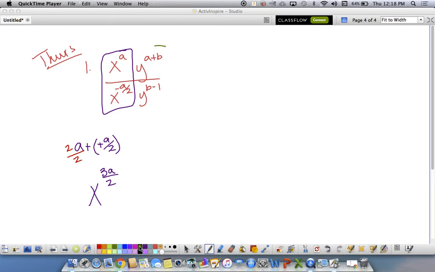Okay, let's look at the y's. I'm only dividing, so I need to say a plus b, and I like parentheses, minus b minus 1. Okay? So when I pull out these parentheses, really the first ones don't matter, but this negative will distribute to everything inside the parentheses.